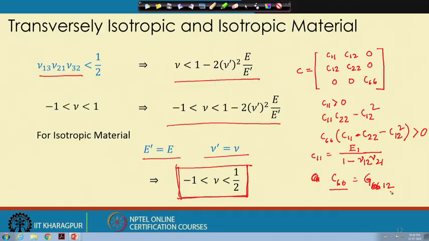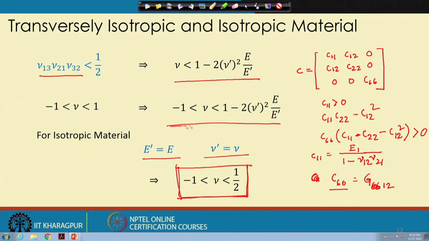But essentially, in summary, all Young's moduli and all shear moduli will be greater than 0 because of the positive definiteness of the matrix. For the Poisson's ratios, we know this for the isotropic material, and we also know this for a transverse isotropic material.